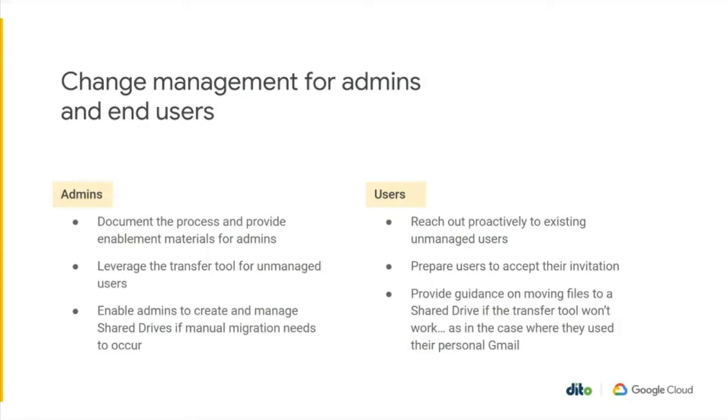On the end user side, remember, these are users that are trying to be agile, collaborative, efficient. They are trying to do their job the best that they can. So again, we don't just want to shut it down. We want to reach out proactively, understand the use case, prepare them to accept the invitation that we send if we're going to send them a transfer invitation. This is key.